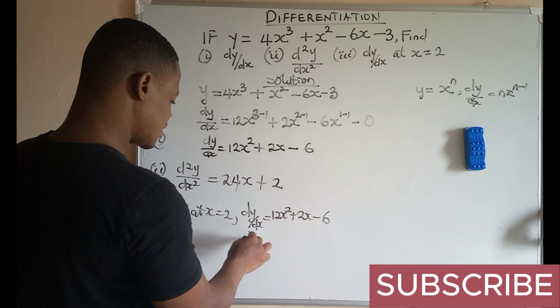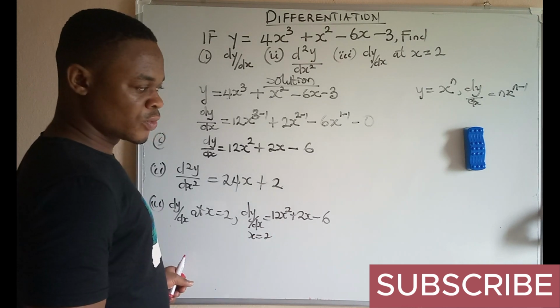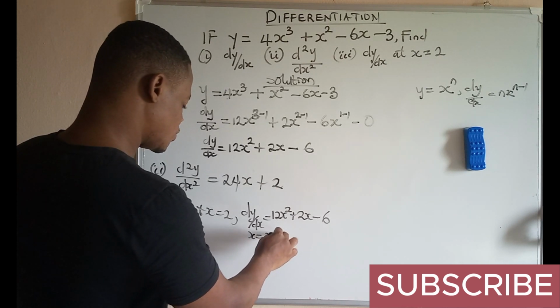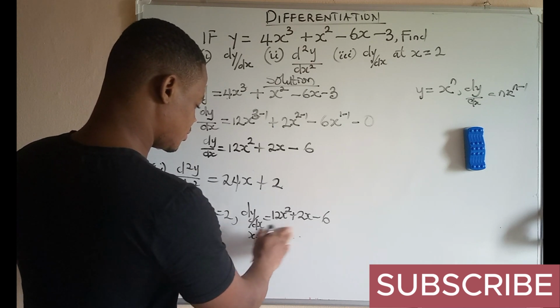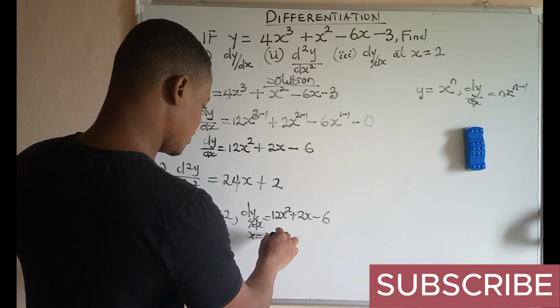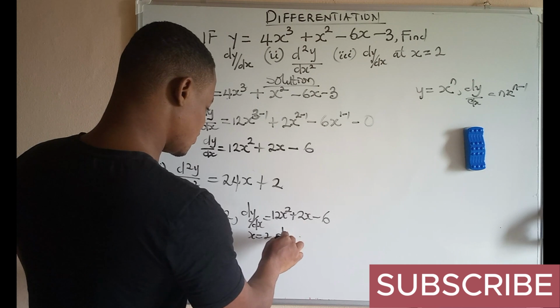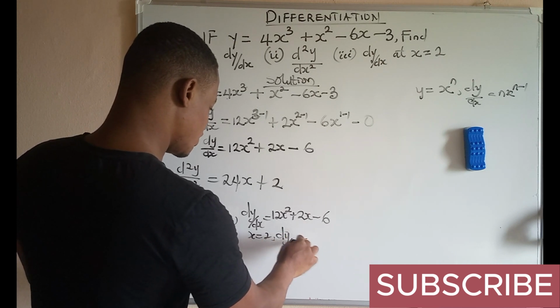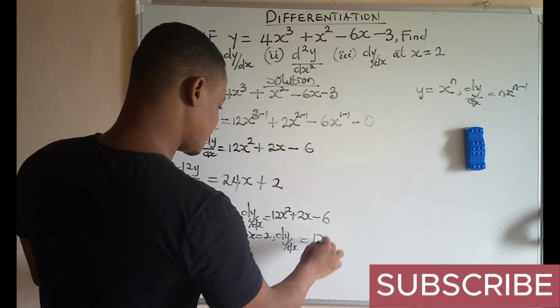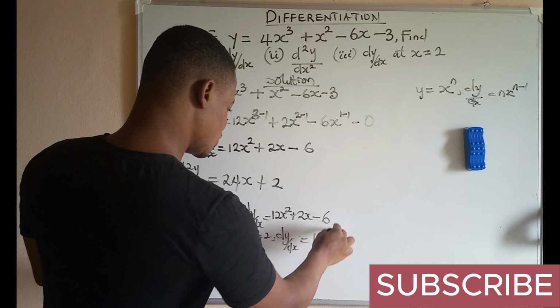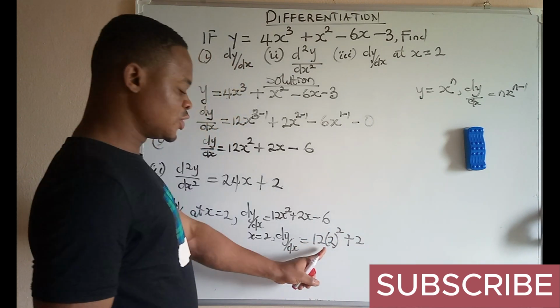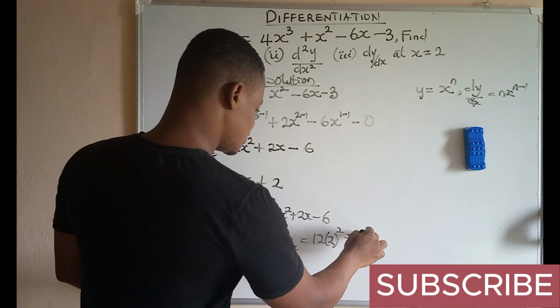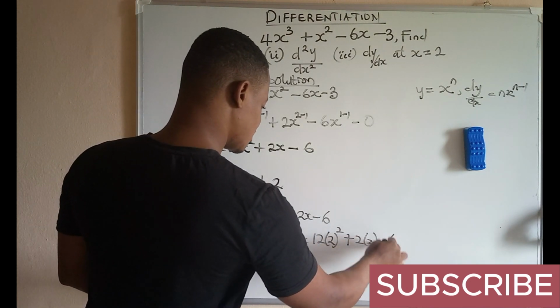So at x equals 2, dy/dx is going to be 12 into 2 raised to the power 2, plus 2 times 2, that is, inputting 2 for x, minus 6.